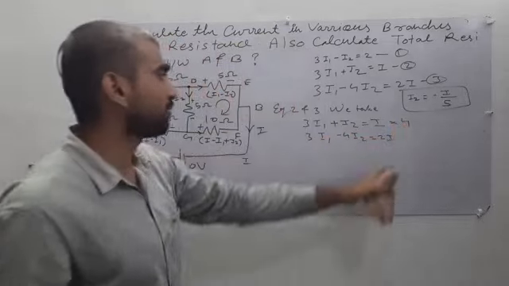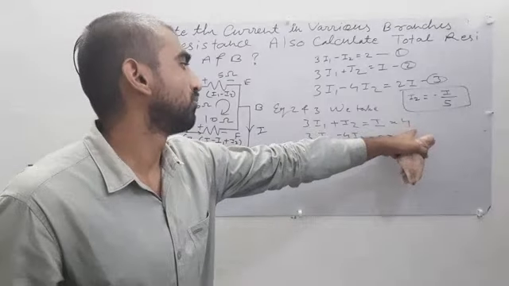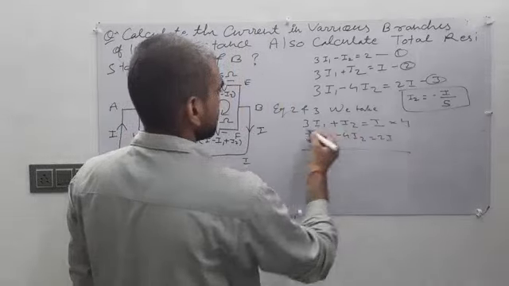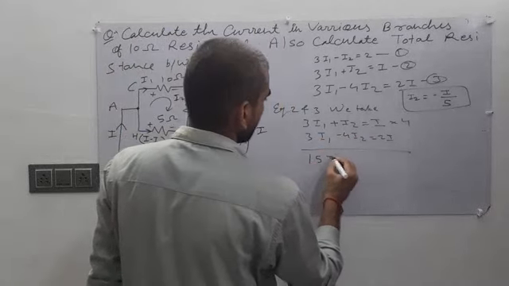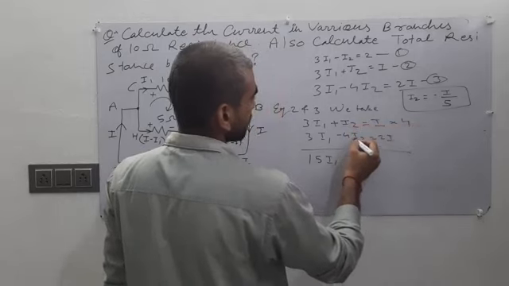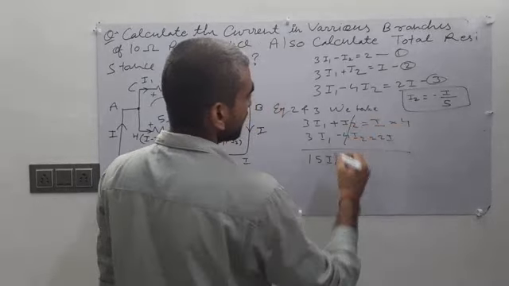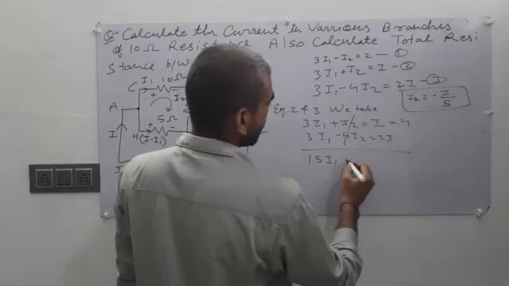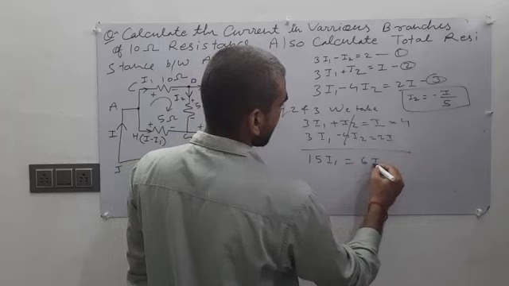We multiply equation number 2 by 4, then we get 12 I1 plus 4 I2 equals 4I. Adding, the 4 I2 and minus 4 I2 cancel, and 4I and 2I make 6I.